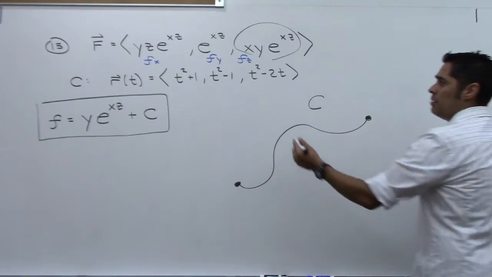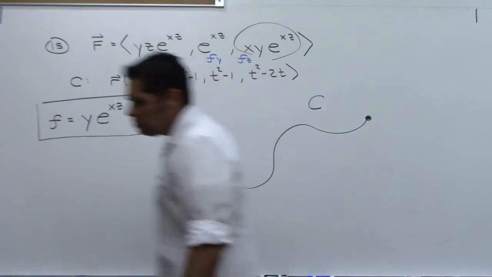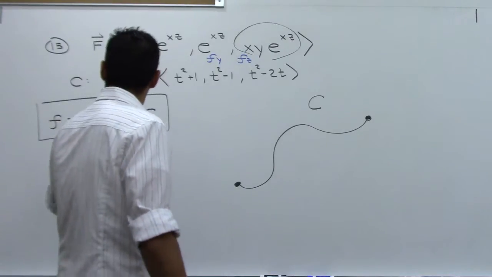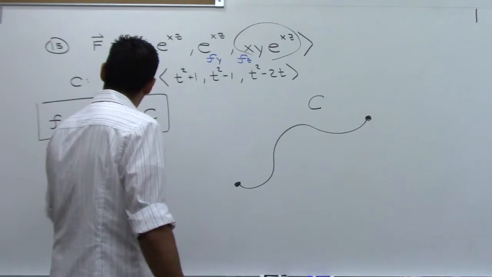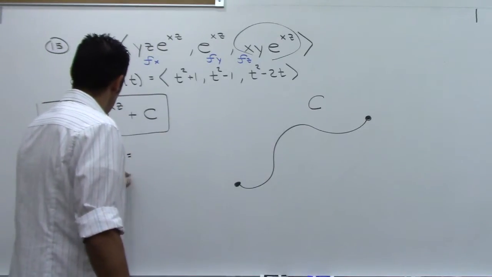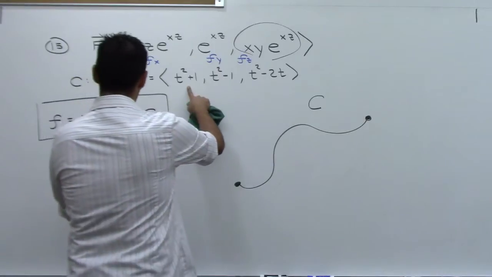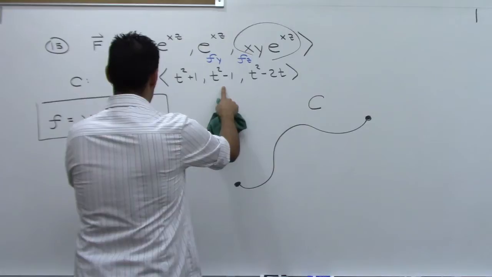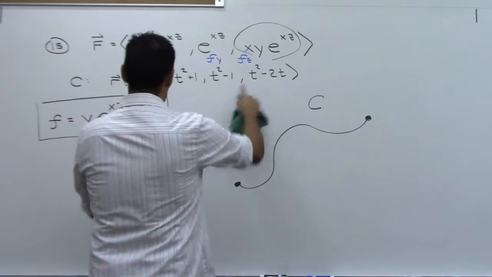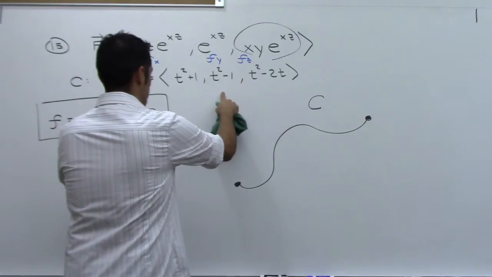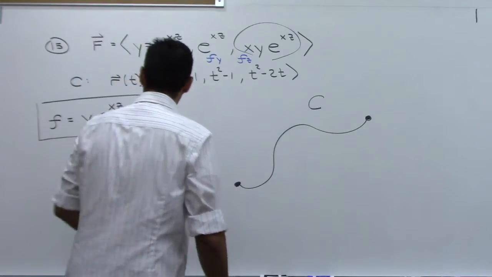So let's see, t was 0 to 2. So what I need to do is figure out what's r of 2, and then what's r of 0. So r of 2, we just plug 2 in here. We get the vector 5, 3, 0. Okay, and then if we plug in 0, we get 1, -1, 0.